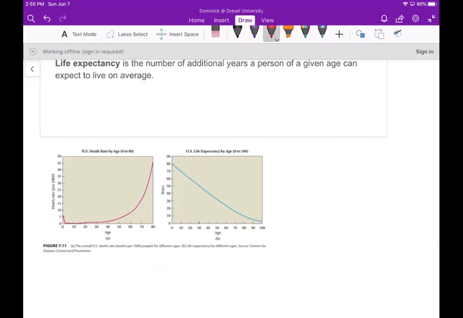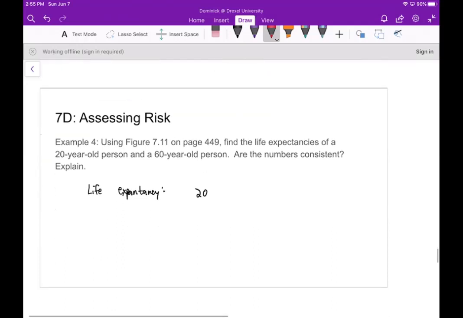And I need to find out, well, where does the graph intersect with this 20 right here? Now, if we go over, it looks like a 20-year-old can expect to live an additional 60 years, right? So then that would give us 80 years old.